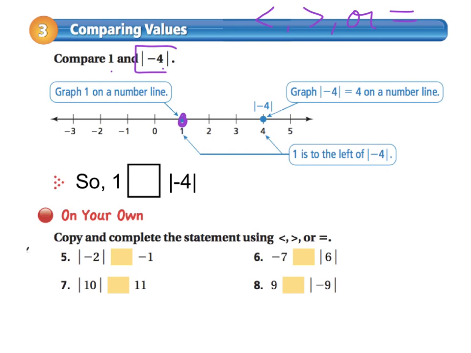And the absolute value of -4, we first have to figure out what that equals. Absolute value of -4, it's 4 hops from 0, so it equals 4. So on my number line, I'm going to mark 4. If I'm comparing 1 and the absolute value of -4, I know that 1 is less than 4, so I can say 1 is less than the absolute value of -4. Go ahead and try those 4 examples on the bottom on your own.